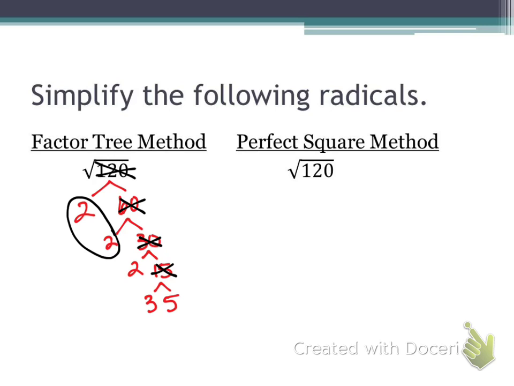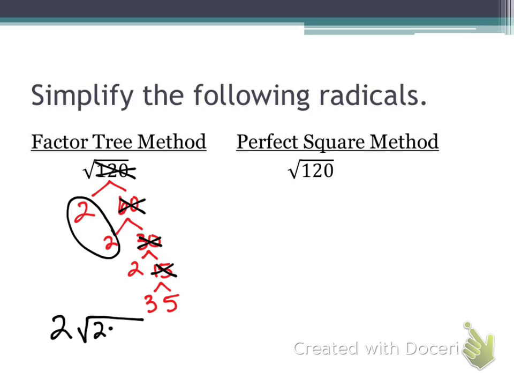When we do this, any number that came from a pair, one number representing that group is going to come outside of the radical. So because I had a pair of 2s, I can write 1, 2 outside of the radical. And all the rest of the numbers that were left over go back inside of the radical.